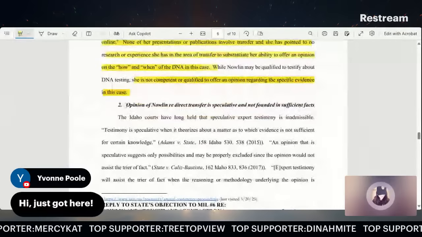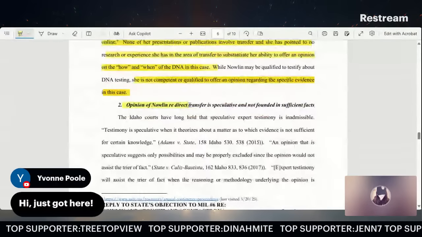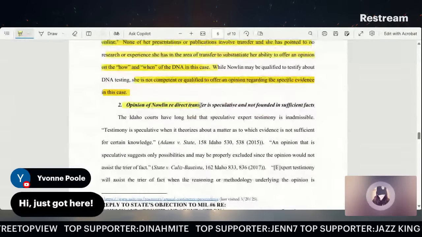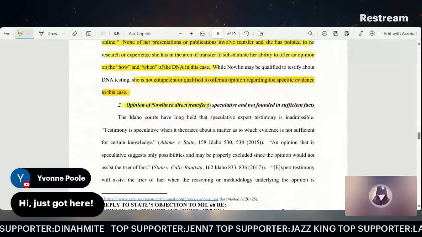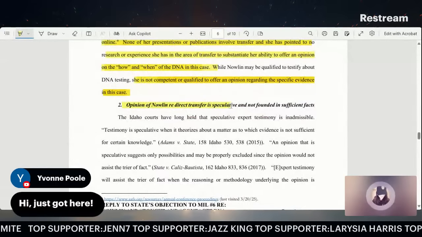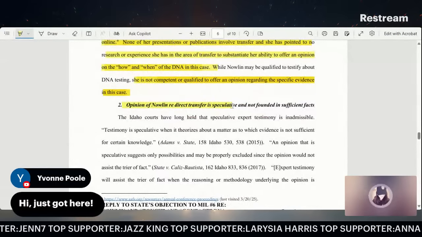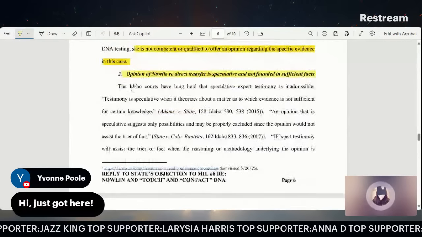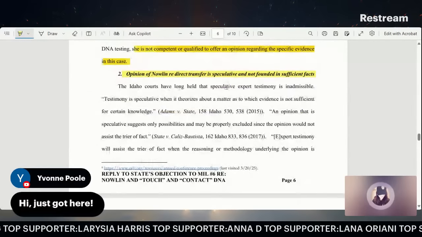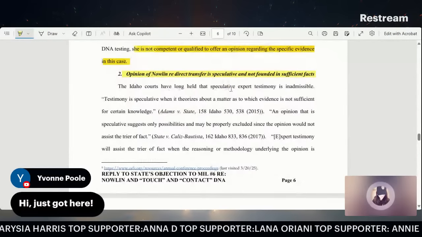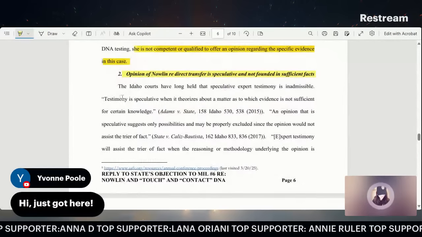Number 2, the opinion of Nowlin regarding direct transfer is speculative and not founded in sufficient facts. And then it cites here, Idaho courts have long held that speculative expert testimony is inadmissible.